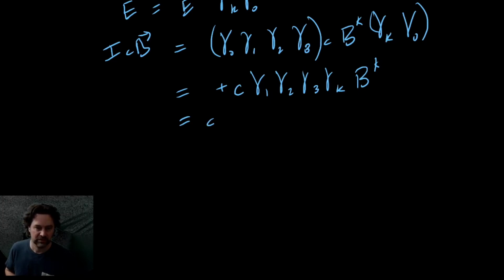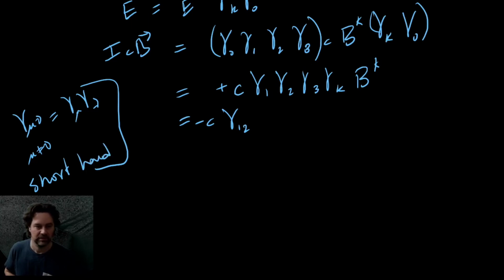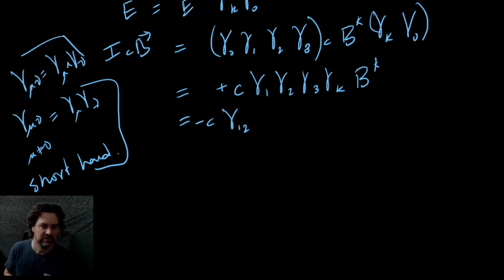c, minus c, gamma^12, and I'll say gamma^{μν}, if μ is not equal to ν, equals gamma^μ wedged with gamma^ν. So they're all shorthand. So that's what I'm going to mean by the shorthand.